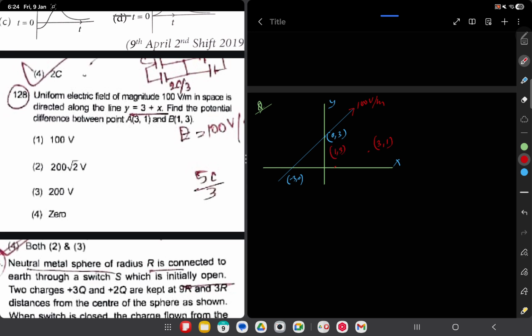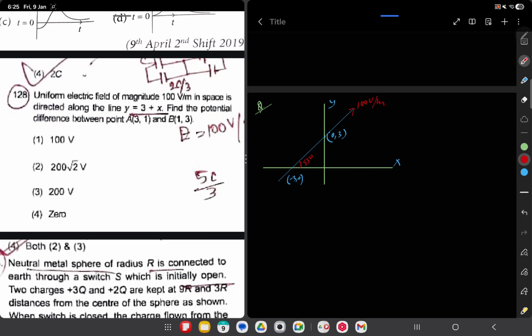Now if you find out the slope of this line, slope is tan theta, 3 by 3, 45 degree. Now 3, 1 and 1, 3, if you find out the slope of these 2 points, then also you are getting tan theta equal to 45 degree.